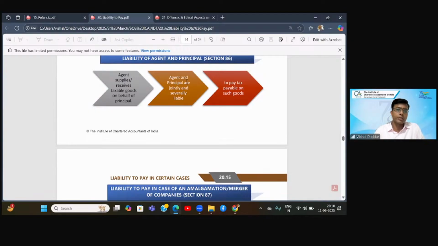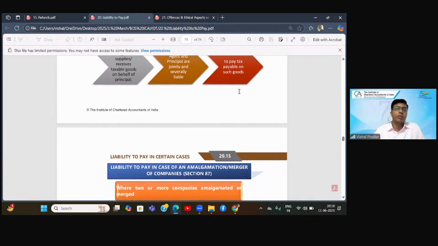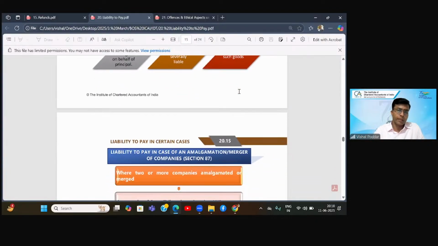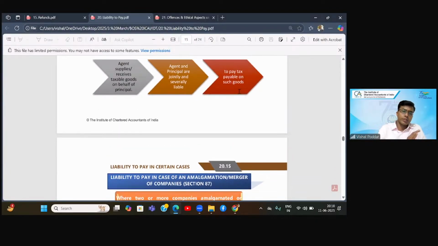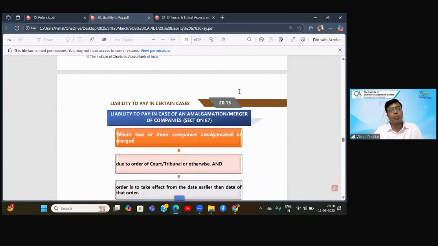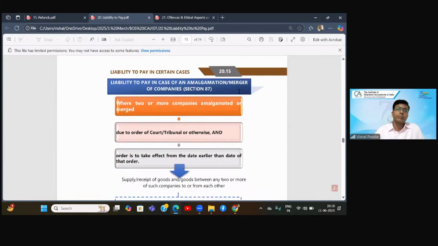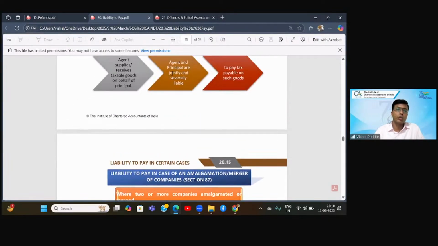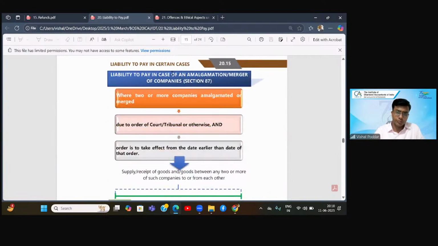Now in such cases, the agent and the principal shall be jointly and severally liable to pay tax on such goods. So where there is a principal agent relationship, section 86 says both the principal and agent will be held liable for the transactions, and again the liability between them shall be jointly also and independently also.